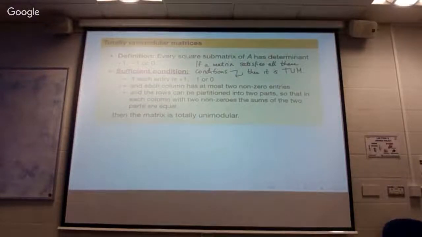Okay, but there are other matrices that are also totally unimodular and don't satisfy this. But if you find a matrix that has all these properties, then you can prove that it's totally unimodular. And I'm not going to prove it, but rely on linear algebra that proves it.